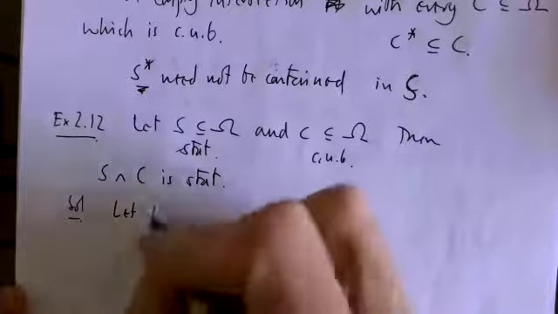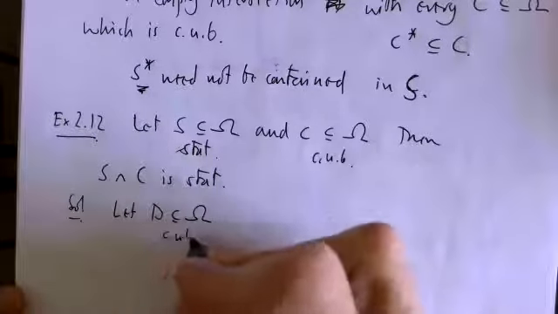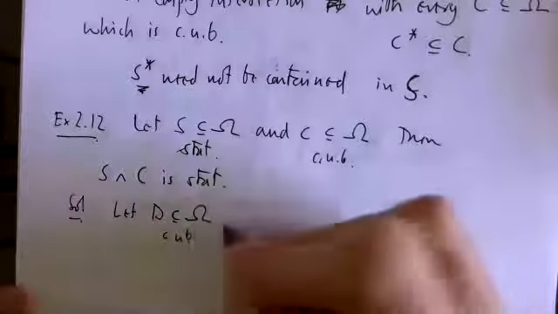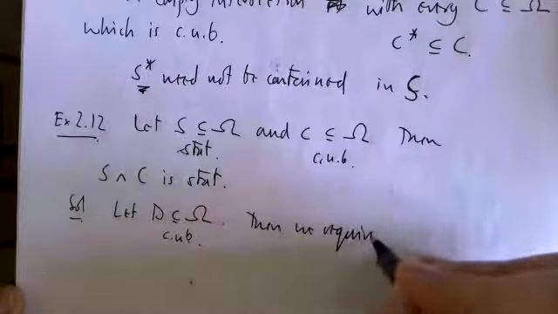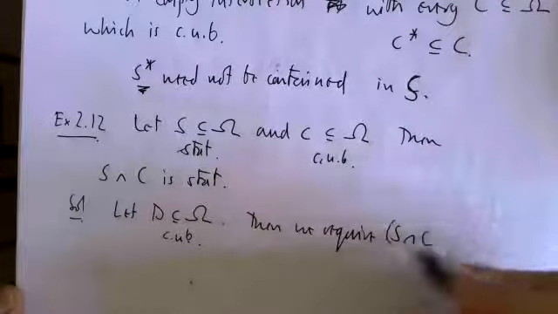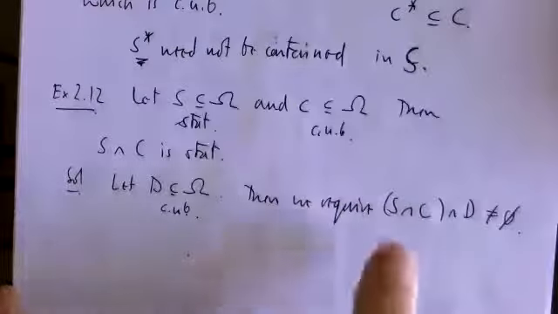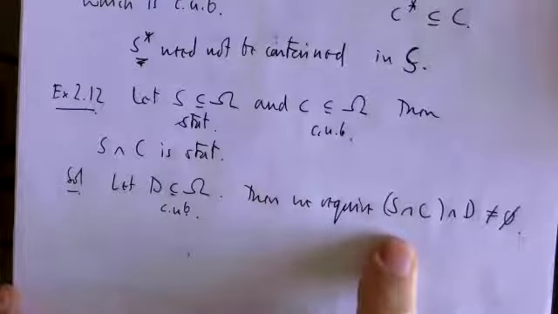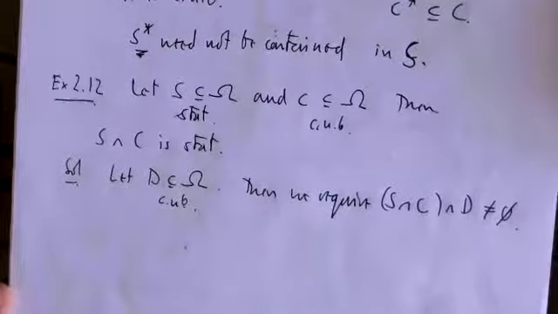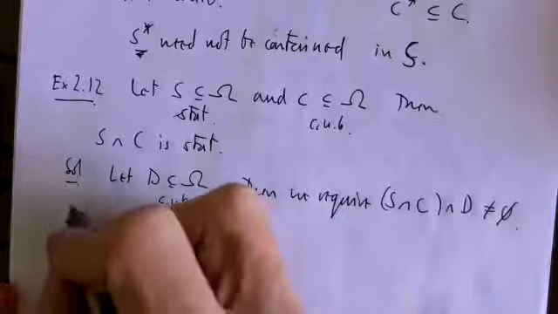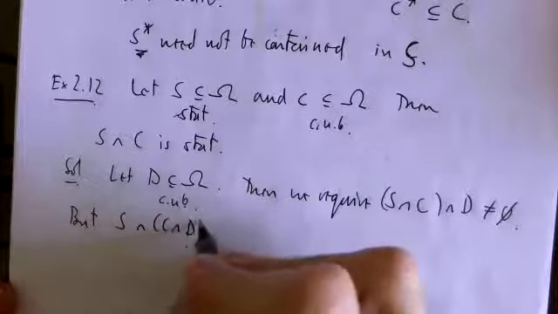What does it mean to be stationary? It means you intersect every CUB set. For an arbitrary CUB set D, we need S intersect C intersect D to be non-empty. That's what it means for this to be stationary. But this is just S intersect (C intersect D).